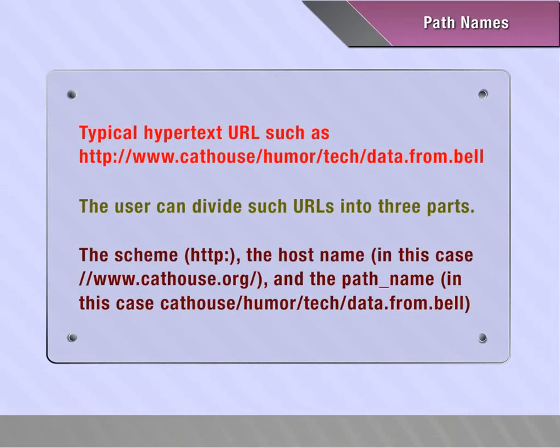Path names. Typical hypertext URLs such as http://www.cathouse.org/cathouse/humor/text/data.from.well. The user can divide such URLs into three parts: the scheme http:, the hostname, in this case //www.cathouse.org/, and the path name, in this case cathouse/humor/text/data.from.well.